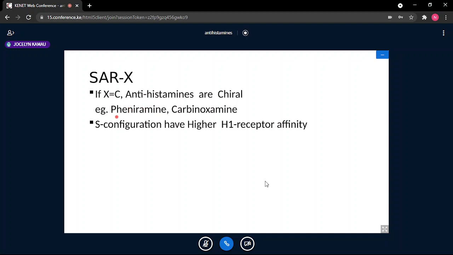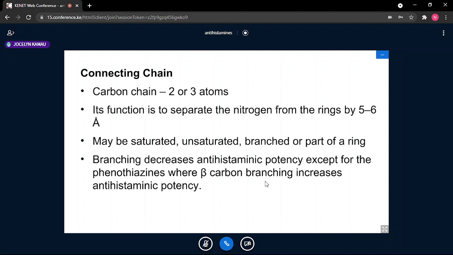So that is why it is able to exhibit chirality or stereochemistry. For carbinoxamine, one of the rings is substituted, again being able to exhibit stereochemistry. The S configuration usually has higher H1 receptor affinity, but we will look at the specific drugs and mention the role or significance of stereochemistry in these drugs.